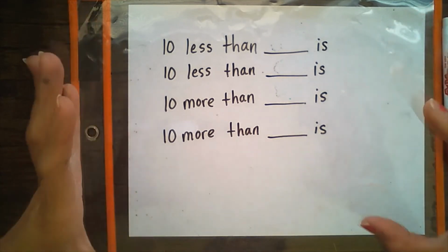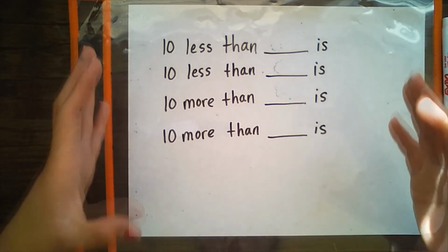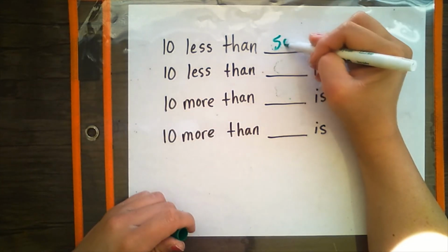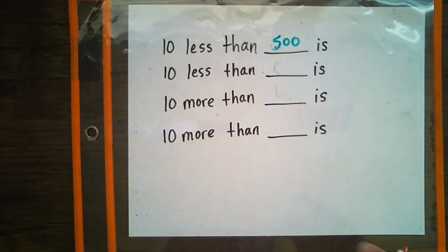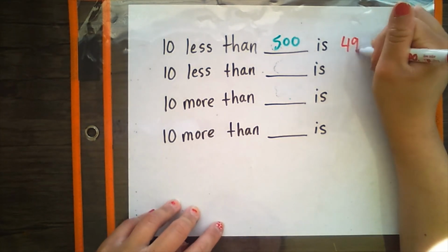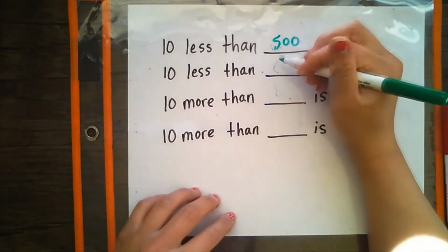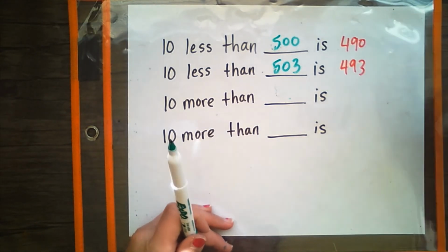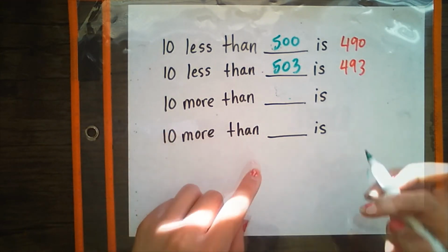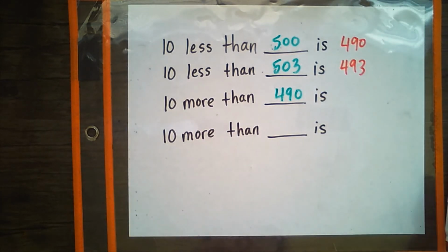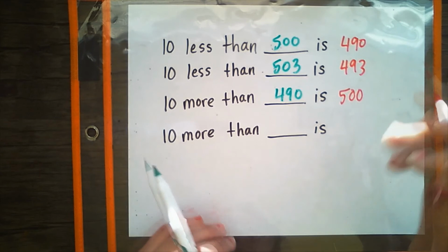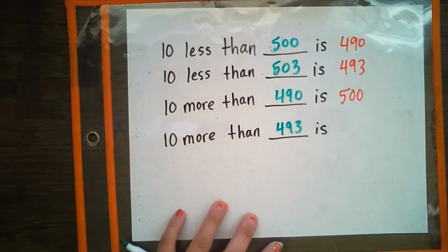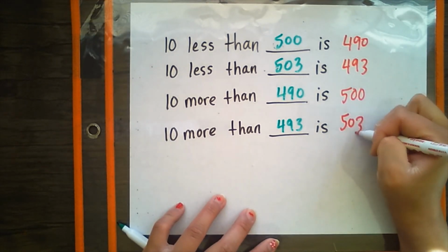This is reflective of what we just did in our place value chart with our place value discs. 10 less than 500 is, great, 490. 10 less than 503 is 493. 10 more than 490 is 500, great. 10 more than 493 is 503.